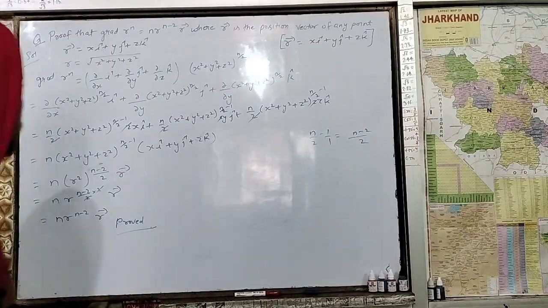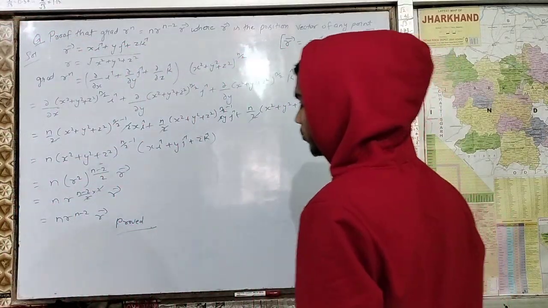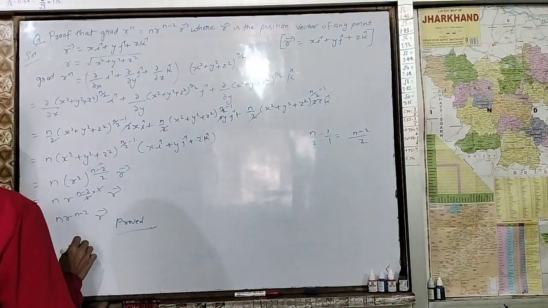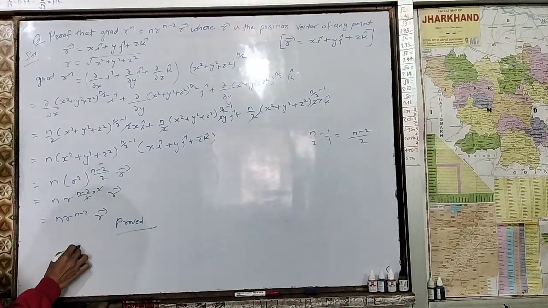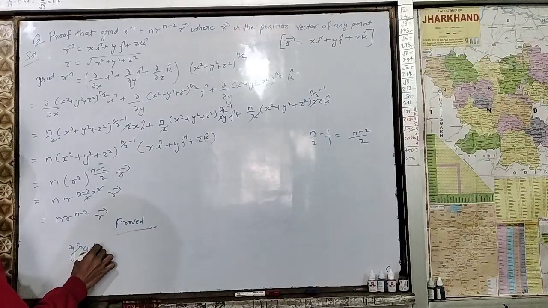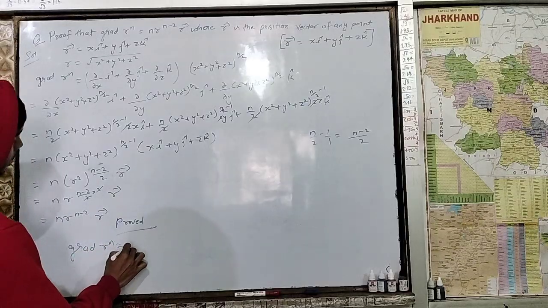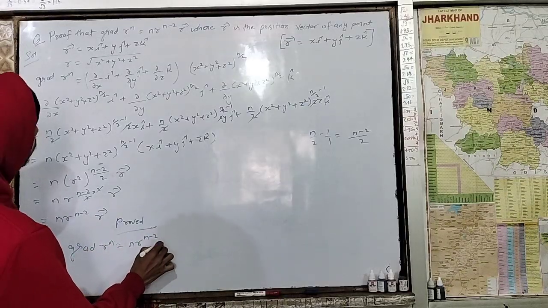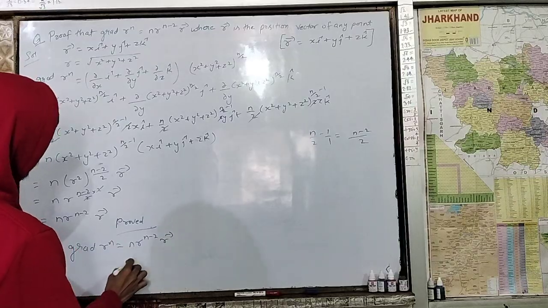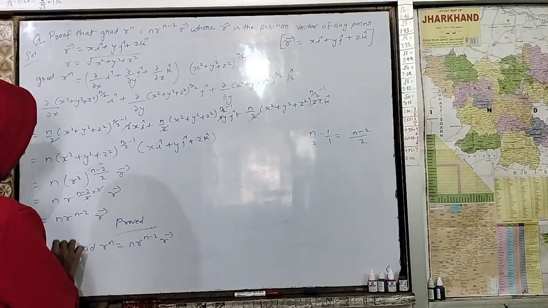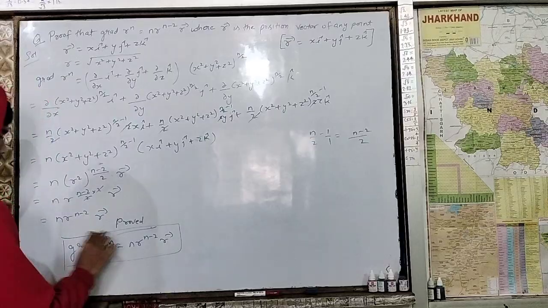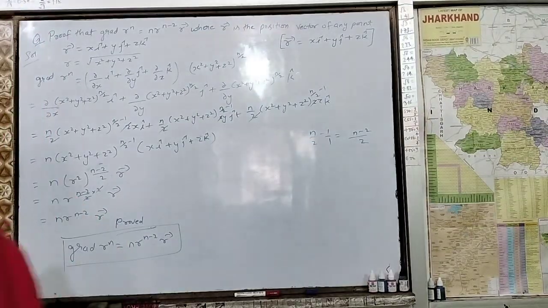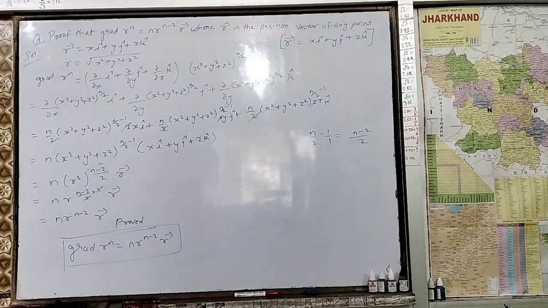Finally you can say the gradient of r to the n is equal to n r raised to power n minus 2 dot r vector. This is our answer.